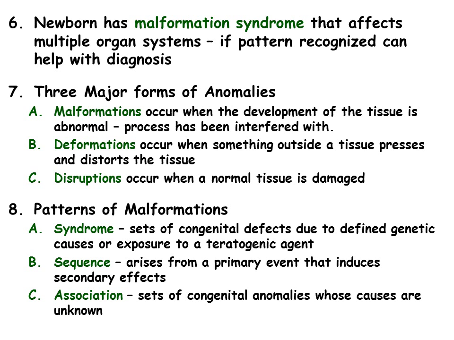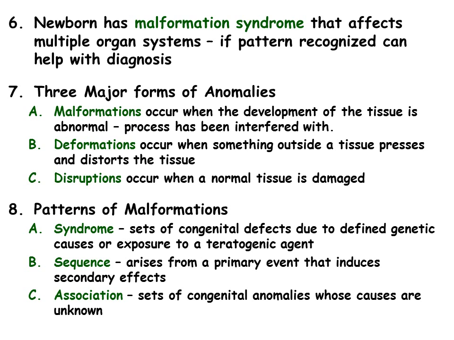So, what are the patterns of malformations? We can have a syndrome. This is where a set of congenital defects are due to a defined genetic cause. So, with a syndrome, we know what's doing it: a particular genetic defect or exposure to teratogenic agents such as thalidomide.